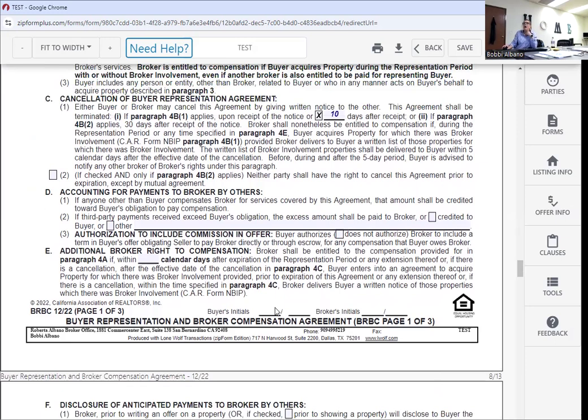So let's say the seller says, look, I will compensate up to 5% for any buyer. Well, cool. So now the seller has covered 5% of this contract. Now what that means is the buyer is still obligated to pay 10%, but he's going to be credited that 5% from the seller. So the net effect would be 5% plus $425.